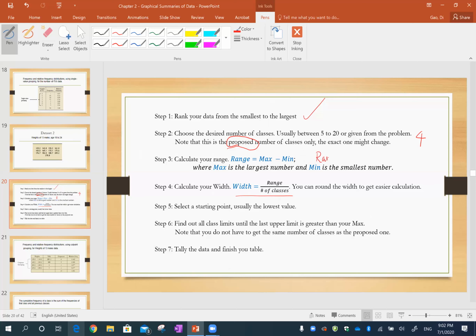So range equals the largest number we have, 278.8, minus 129.2. And then that is... let's see the correct answer for this one.